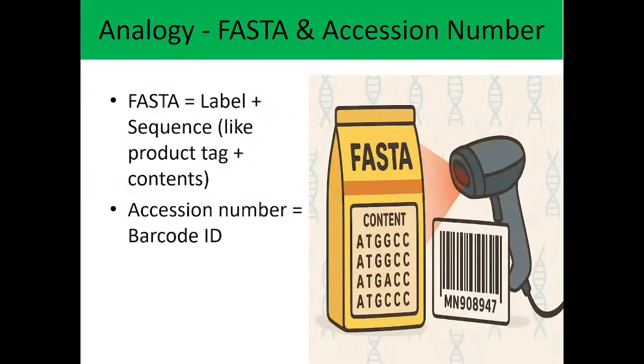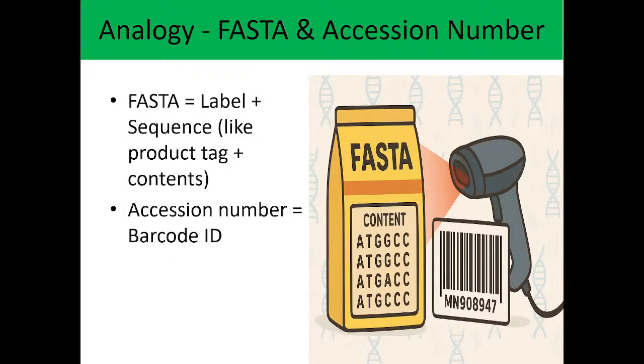Just like I told you, the FASTA format is like the currency of bioinformatics or biological data. If you want to test for the originality of any product, you test it using a scanner.